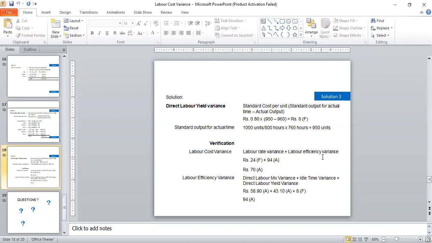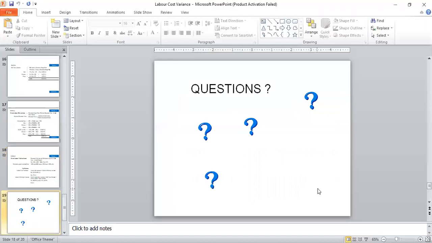Labor efficiency variance is calculated as the direct labor mix variance plus idle time variance plus direct labor yield variance. Direct labor mix variance is rupees 58.90 adverse, idle time variance is 43.10 adverse and yield variance is rupees 8 favorable. Calculating this, we got rupees 94 adverse variance. That's all for the labor cost variance.